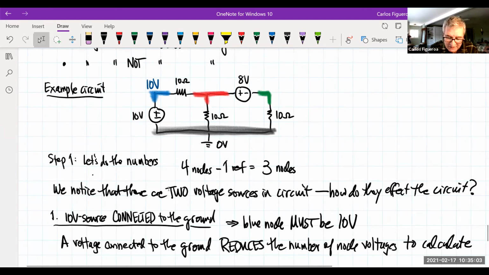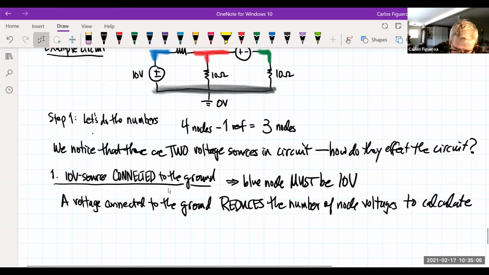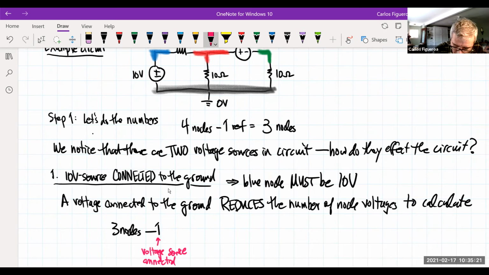So what we're seeing here is that we had 3 nodes, but we know one of these now because of that voltage source right here. This is the voltage source connected to ground.